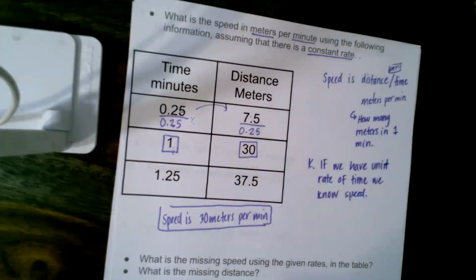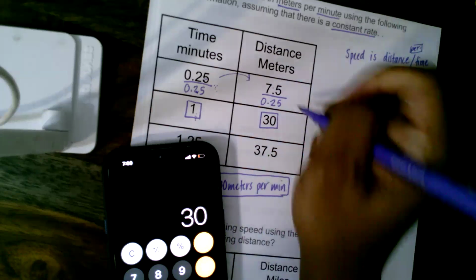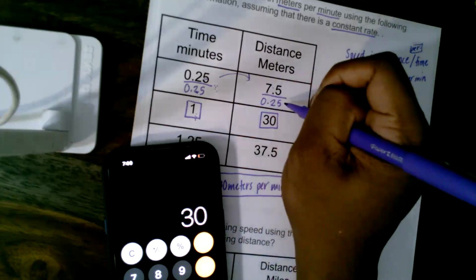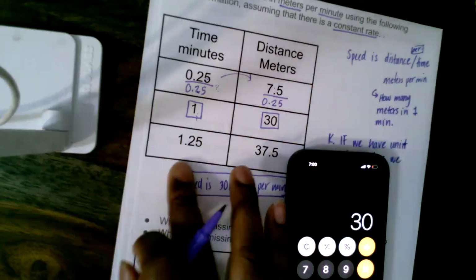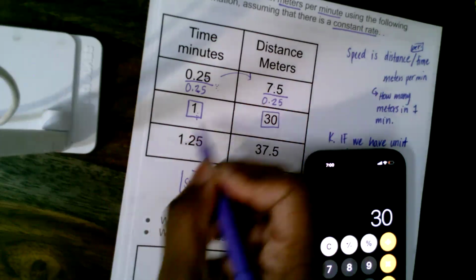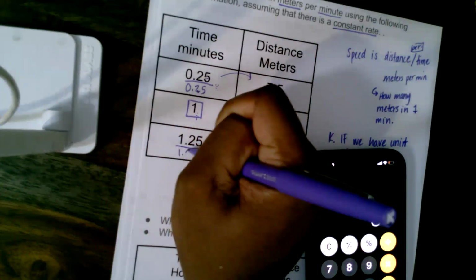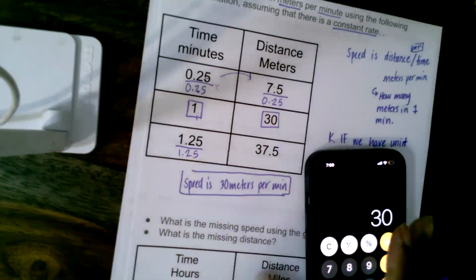Right? So we're gonna figure this one out. And so we're saying 7.5 divided by 0.25. Look at that. It's 30, right? We can also look here. We know to get from one side to the other, when we're finding the unit rate of time, we just divide time by itself because that gives you 1.